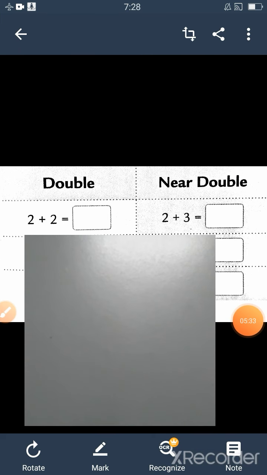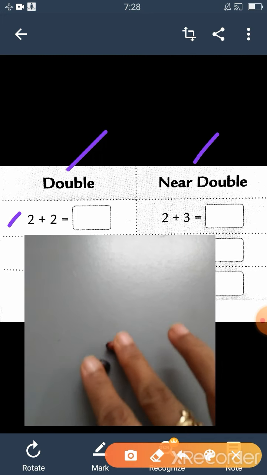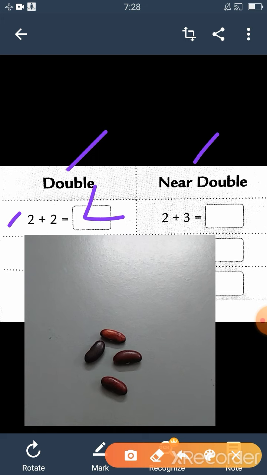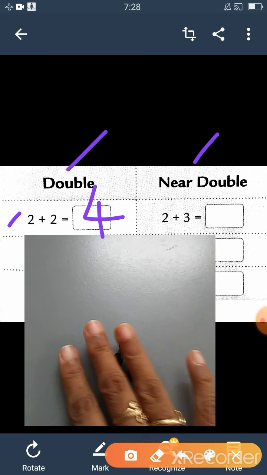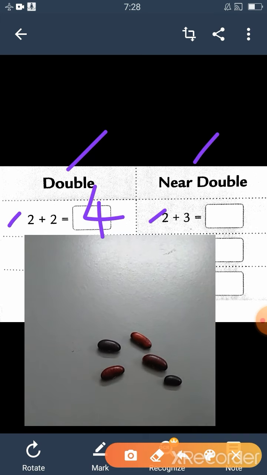If you know the double of any number, then you can easily find the near double. For example, if you know 2 plus 2, how many, children? See here, 2 plus 2, how many? 4. Yes. So what they are saying is take 2 rajma seeds and now take 3 rajma seeds.